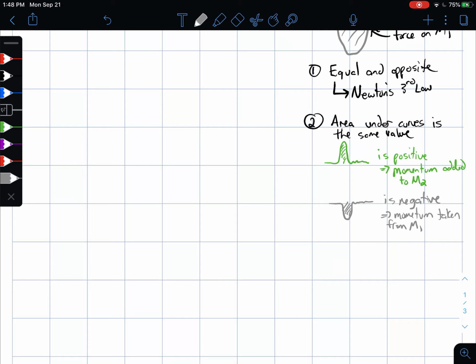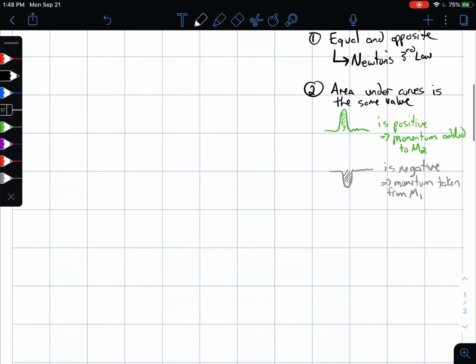And so because the areas are equal, that means the amount of momentum that was taken away from M1 is exactly the amount of momentum that was given to M2. All right? And so all I'm trying to say, this is our first look, is that the area under this curve is equal to the change in momentum.